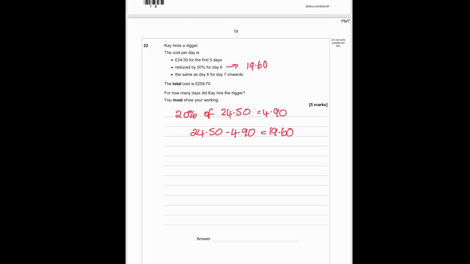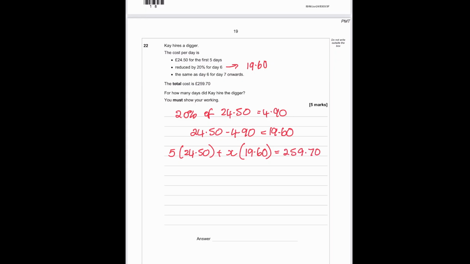So we know she's got 5 days at £24.50, and we don't know the number of days that she works at the other price of £19.60. And we do know that that whole thing needs to equal £259.70.